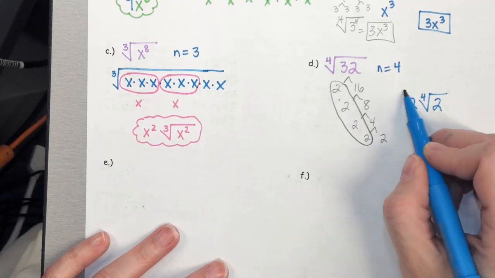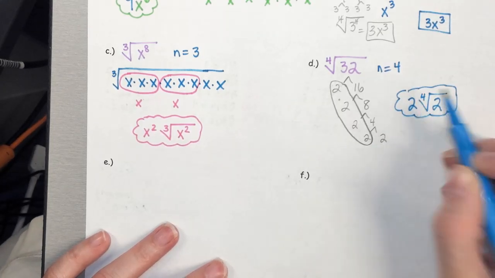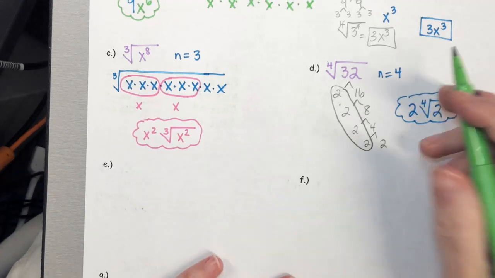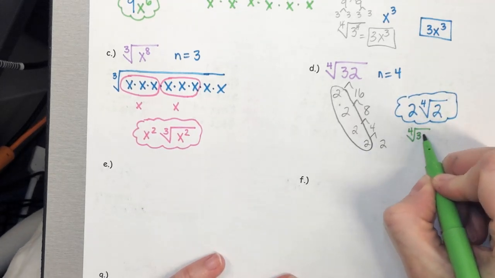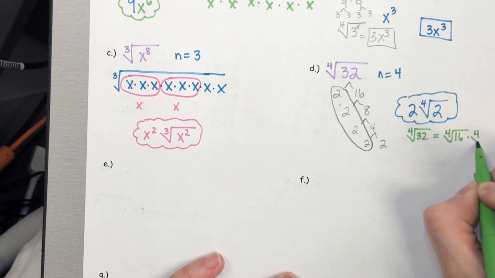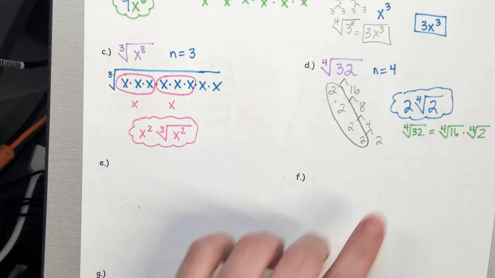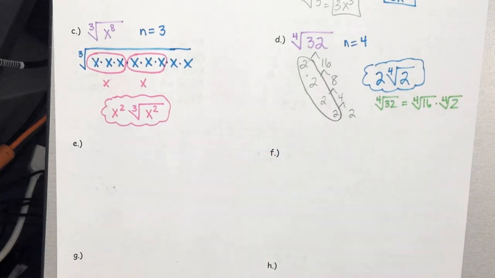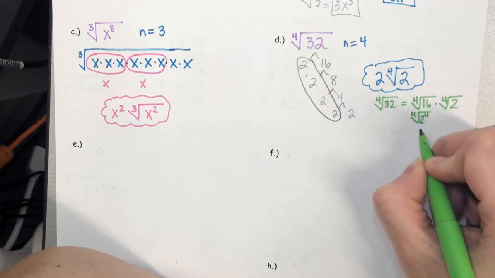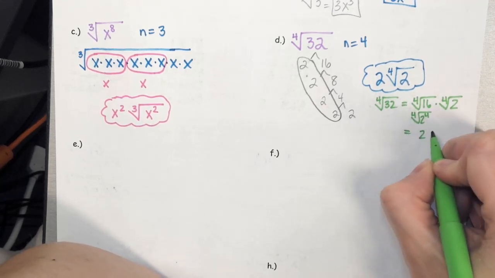Okay, you can also think of it like this, and this is really what's happening. This is the same thing as the 4th root of 32 equals the 4th root of 16 times the 4th root of 2. Because 16 is a perfect 4th root, and if you have 2 to the 4th, what happens there?